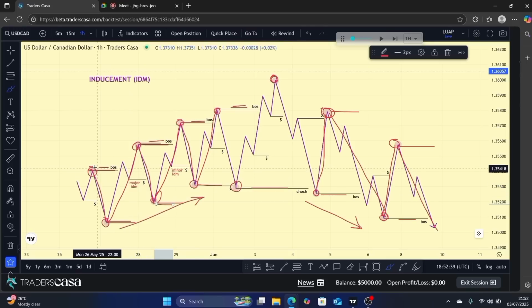You can see this here is external liquidity. So price retraces back into the range to take out internal range liquidity, and then back again to take out the external range liquidity, again reverses back to take out the internal range liquidity, again reversing back to take out external range liquidity.